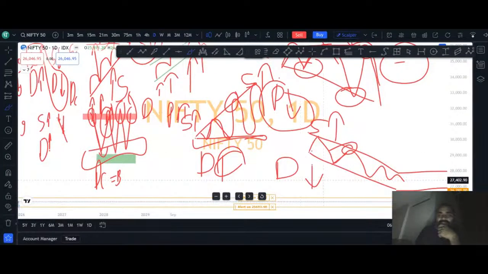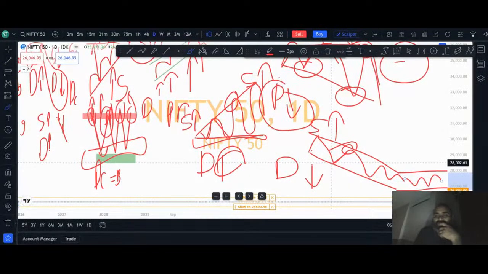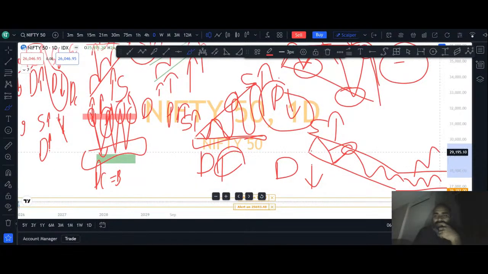Thereafter it will go completely sideways. Means the lower top, lower bottom condition converts into equal top, equal bottom. If the buyers are aggressive, then there is a breakout and again price may go upside. If the sellers are aggressive, then price may make a lower bottom, retest, and again go to fall.